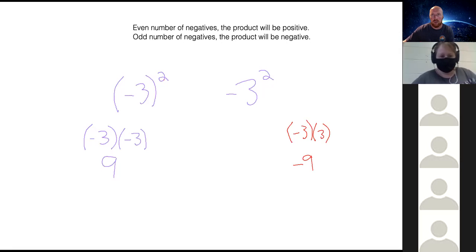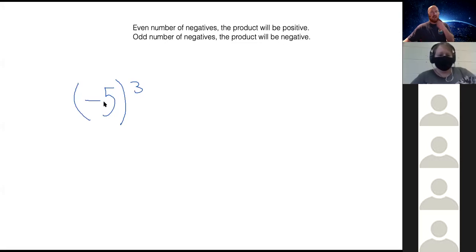All right, so let's do another crazy. What if I have -5 in parentheses to the third power? How would I write this out? Good.